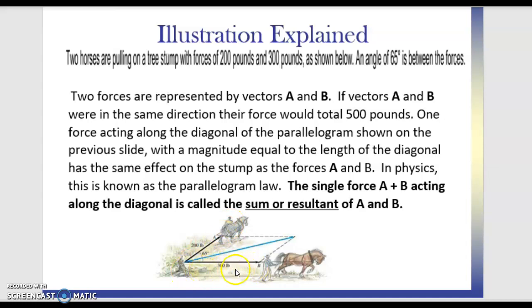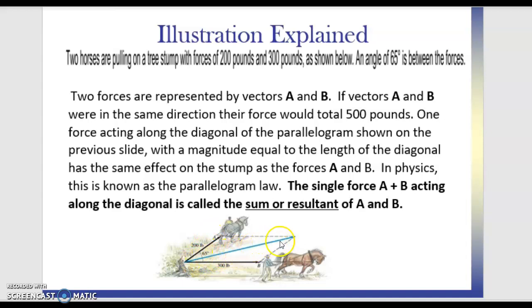The 300-pound force is formed by the second horse pulling on the stump and is represented by vector B. Vector A is the horse pulling with 200 pounds of force. If these horses were pulling in the same direction, then vector A plus vector B would total 500 pounds of force. However, they are not pulling in the same direction.